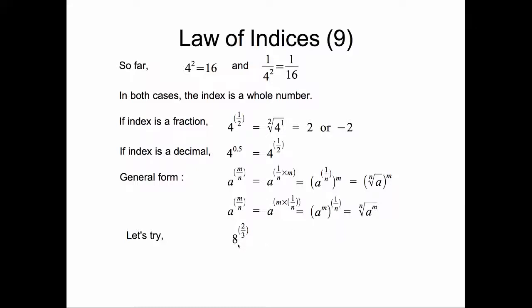Using this example 8 to the power 2/3, remember 3 must be taken out of the root sign, 2 stays with the base 8, and I will take out 2 by having a bracket around it, and recall that 8 is 2 times 2 times 2, so it's 2 to the power 3. Now root 3 of 2 to the power 3 is actually 2, to the power 2 is 4.